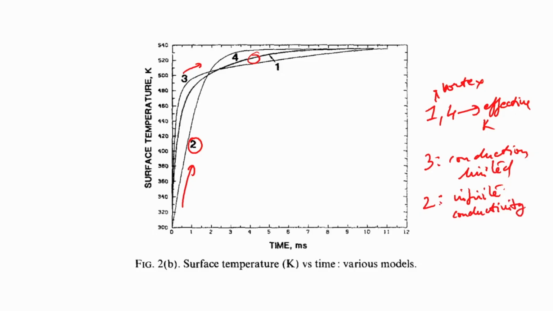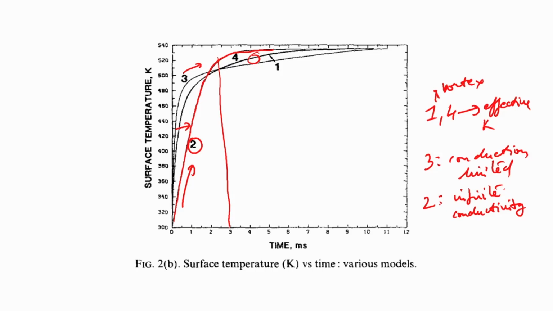Got it? Now, the question is that when there is an infinite conductivity, you can see that this rise of the droplet surface temperature is rather slow, and it is going up to a value at a much later time. If you plot it by the time axis, it goes at a much later time.